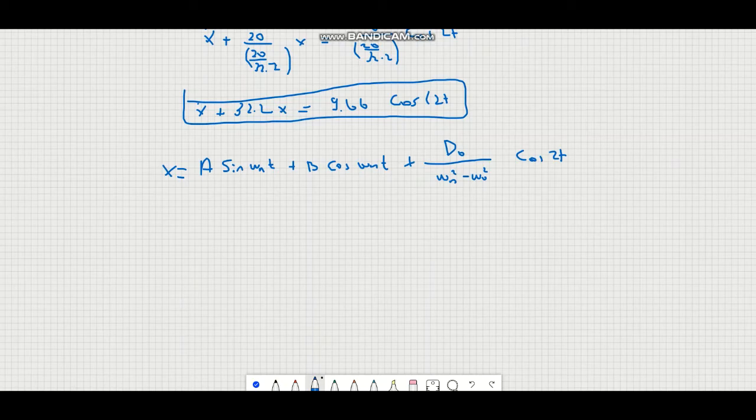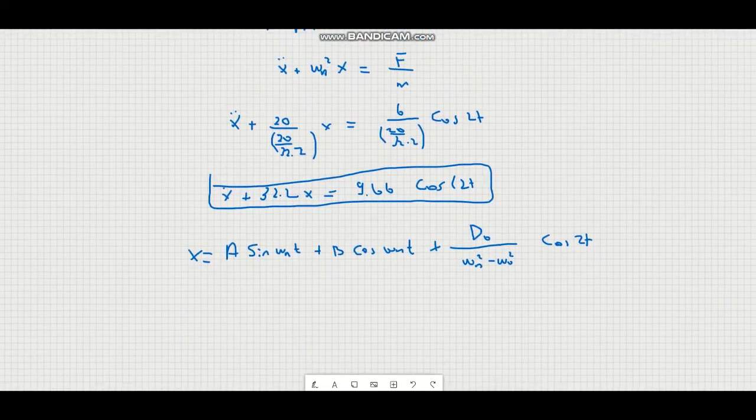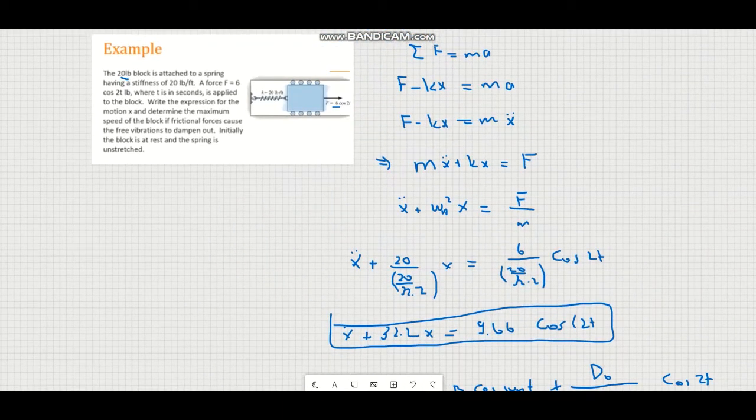So this is our solution for this kind of motion.